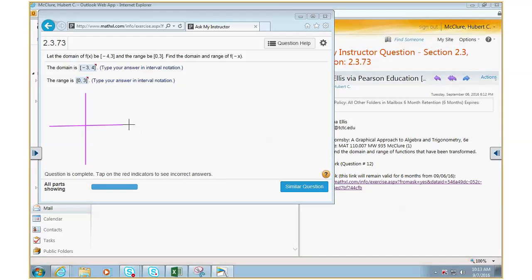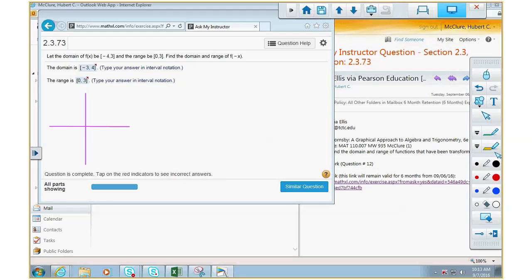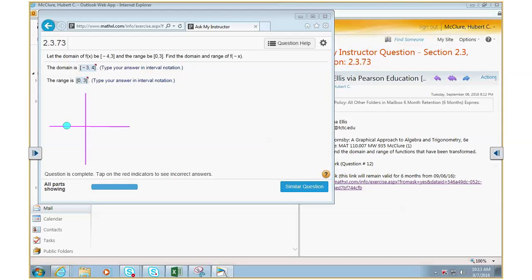So I'm just going to look at what this looks like, and I'm going to take my handy dandy white highlighter, and my domain is -4 to 3. All right, there's my domain.